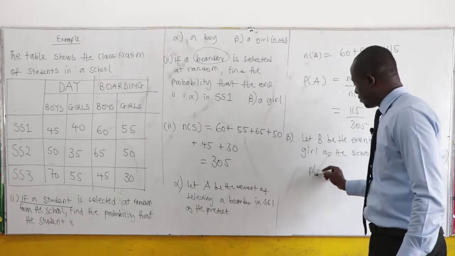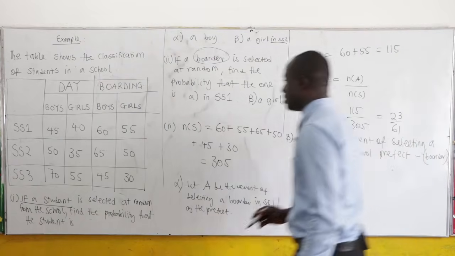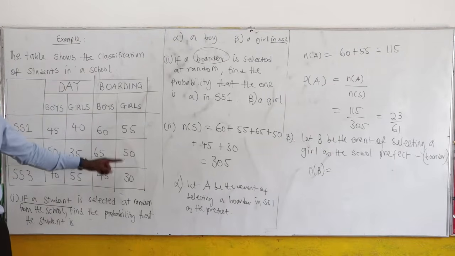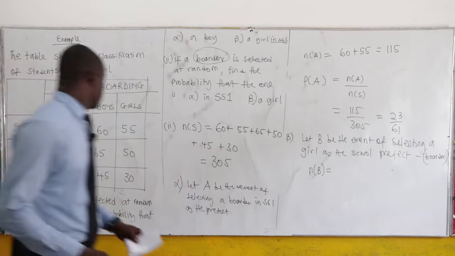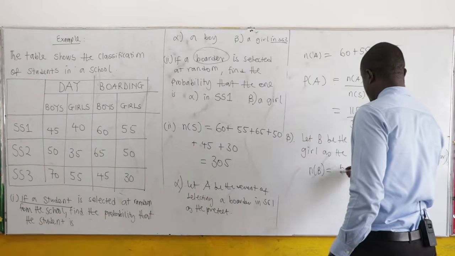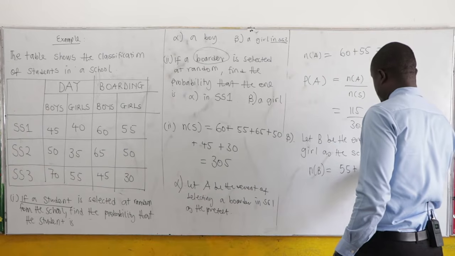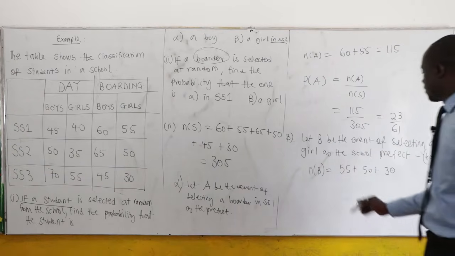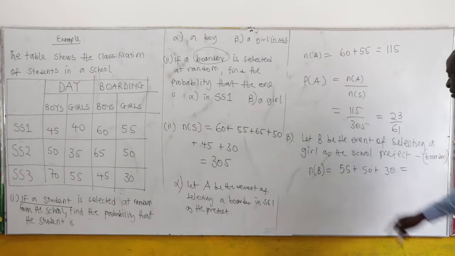So the number of the boarders that are girls. Let's see boarders. This is a column for boarders. Then the girls are 55, 50, and 30. So we have 55 plus 50 plus 30. And this 55 plus 30, that is 105.